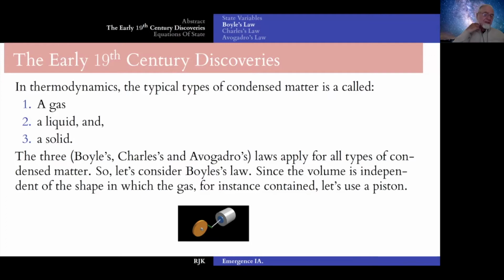We've said that the volume is independent of the shape in which the gas is contained. So to make it easy, let's use a piston that we can change the volume by pressing it in, and we can pull it out and change the volume in there.